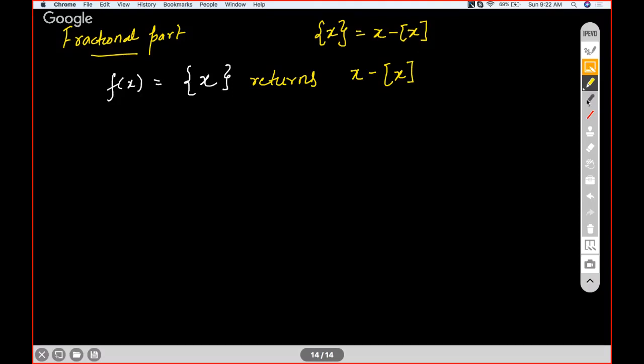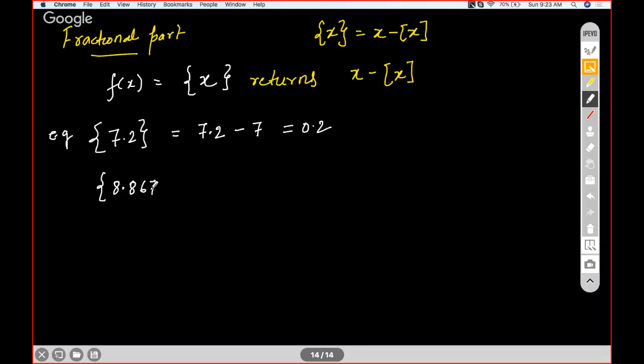For example, if I ask, what is the fractional part of 7.2? It'll be 7.2 minus 7, which is 0.2. So 0.2 is the fractional part, correct? What's the fractional part of 8.867? 0.867. What is the fractional part of negative 2.36?